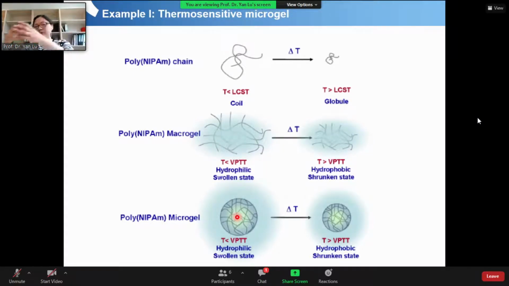When you increase the temperature, you have a shrinkage of this particle, and meanwhile the particle will become more hydrophobic. And this can also, of course, be used for different applications due to this kind of transition.